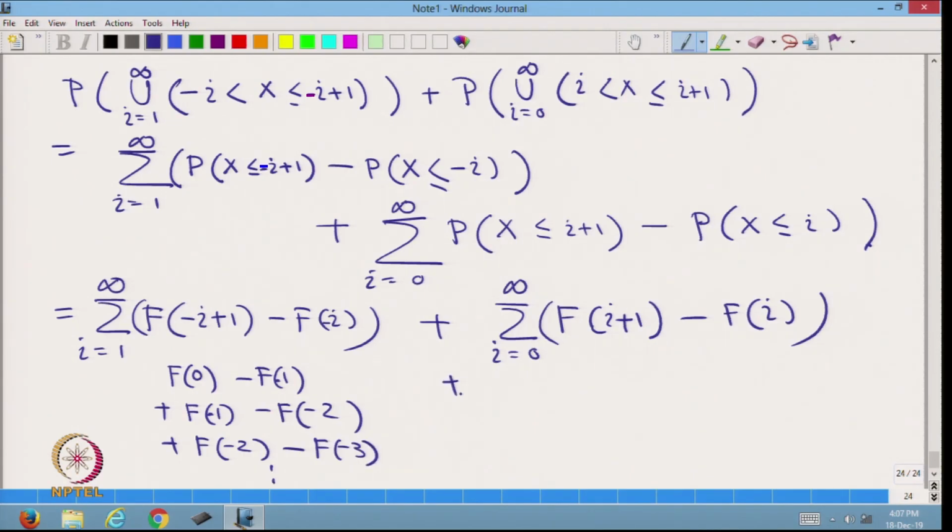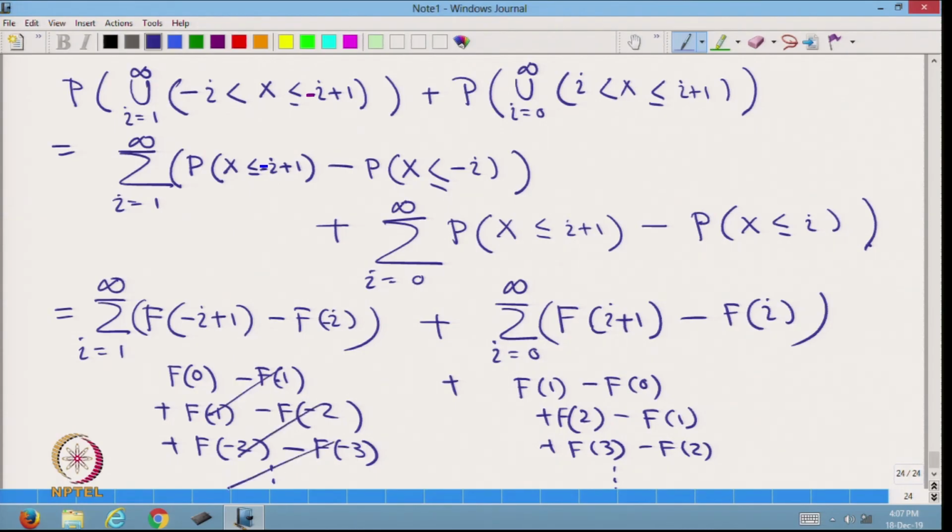And here what we are getting, F of 1 minus F of 0, plus F of 2 minus F of 1, plus F of 3 minus F of 2, like that we are getting a sequence of terms. Note that they keep on cancelling each other. Similarly, on this side they keep on cancelling each other.